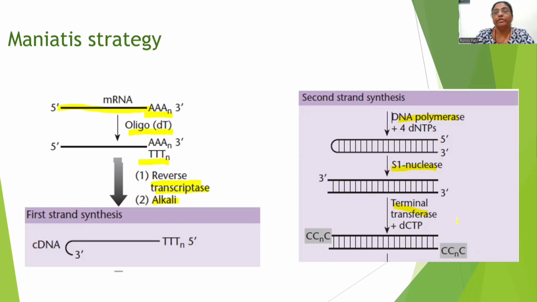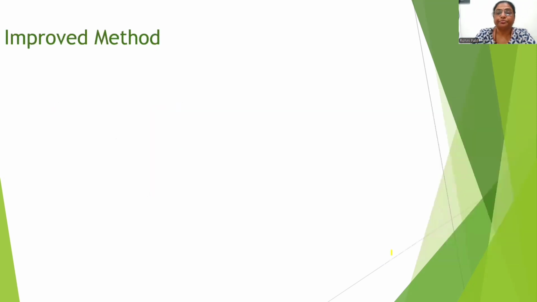Then on the vector also, you allow the terminal transferase to act, which synthesizes poly G. So when the vector molecule and your cDNA are mixed, there is annealing of the cDNA with the vector molecule. In this way, the directional cloning can be done.